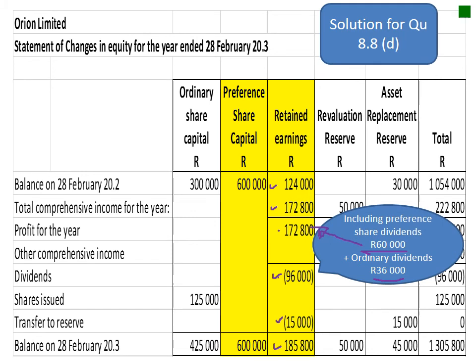So the two major changes to the statement of changes in equity are that we included a preference share capital column because the preference share capital was redeemable at the option of the company, which means it's now part of equity. So on your statement of financial position, you would now have the 425,000 for ordinary share capital and the 600,000 for preference share capital being disclosed.